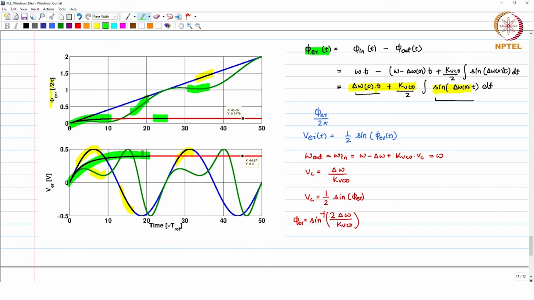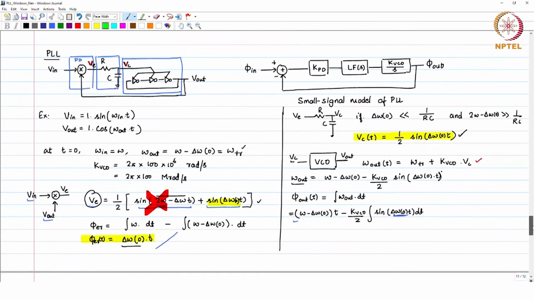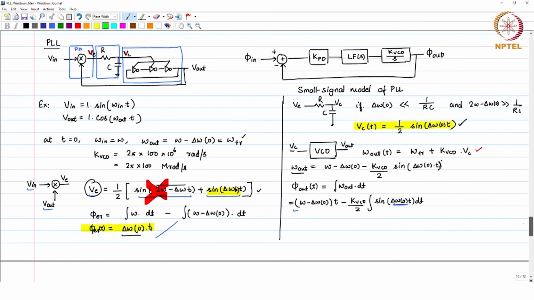So, what you can find from here is that once you reach the control voltage which compensates for the frequency error, you will at the same time also have a certain phase error which is non-zero at this particular stage.